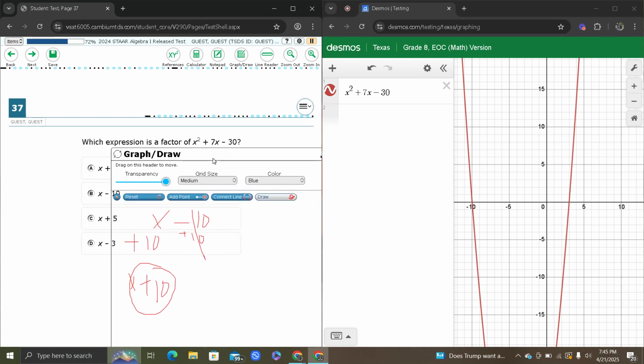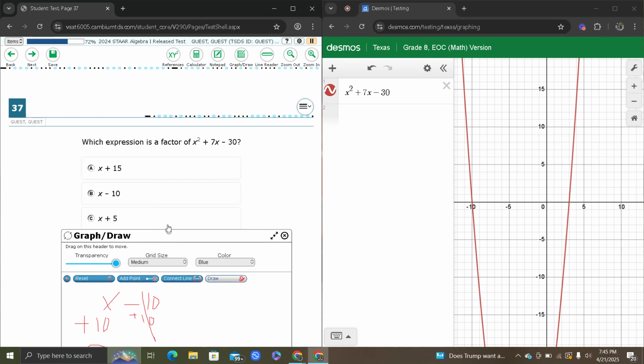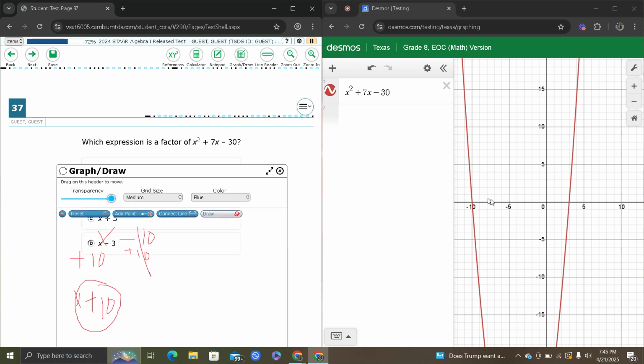But since that's not an answer, let's try this one, 3. So you have x is equal to 3. Now you subtract each side by 3, and that cancels out.